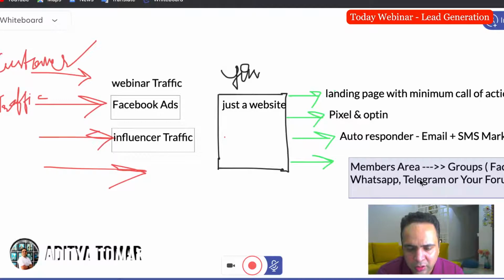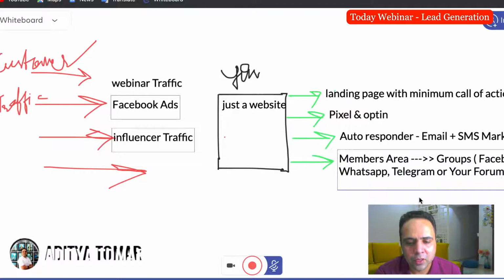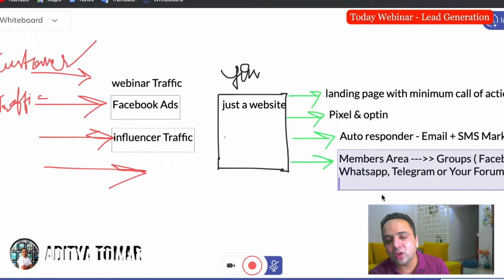So this area is really important, guys. The benefit is that all the customers here are customers basically. These are the long-term value for you, right? These will take you further.